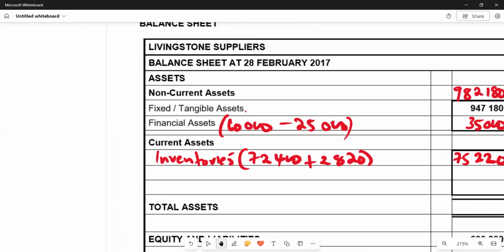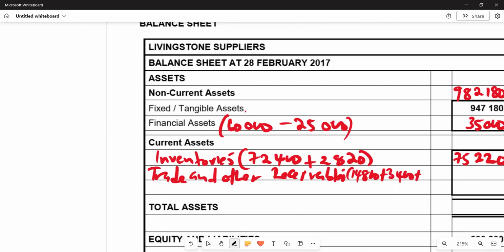So here we are saying trade and other receivables, whereby we are saying 14,800. We add 3,400.